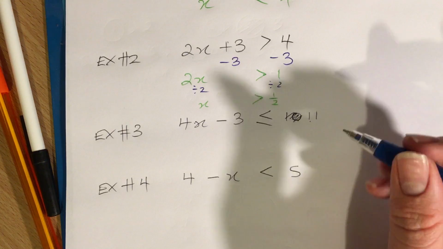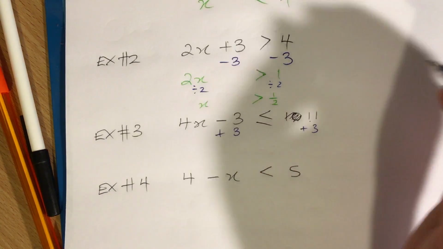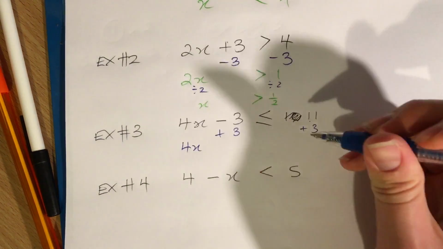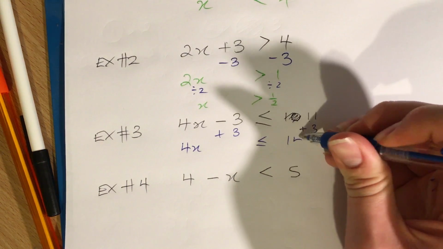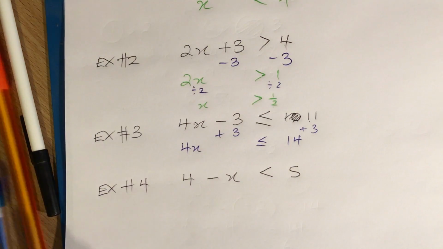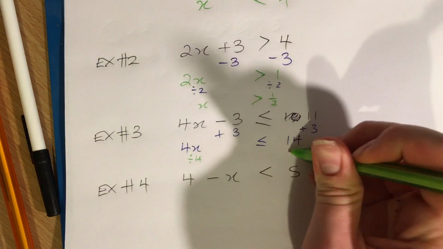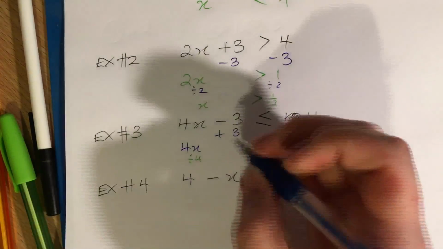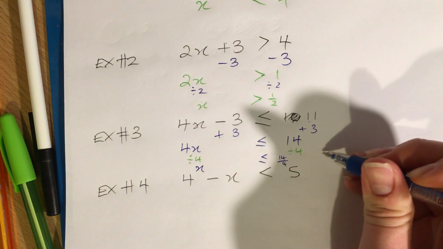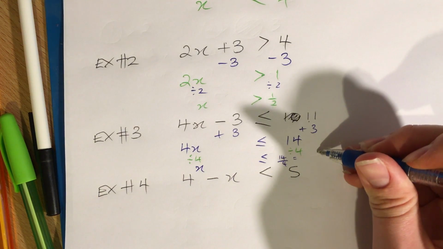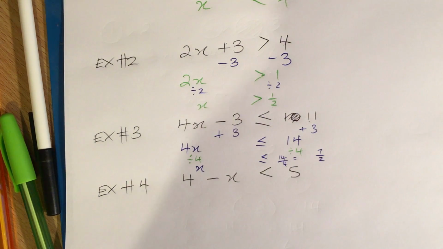Now this says less than or equal to. Same thing. I'm just going to add 3 on both sides. I know that 4x is going to be less than or equal to 14. And if I divide both sides by 4, x will have to be less than or equal to 14 over 4, which is equal to 7 over 2, in other words 3.5.